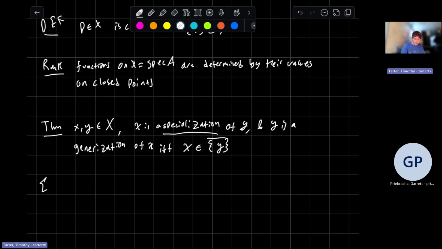As an example of this, I don't know if this is a theorem, this is really more of a definition.